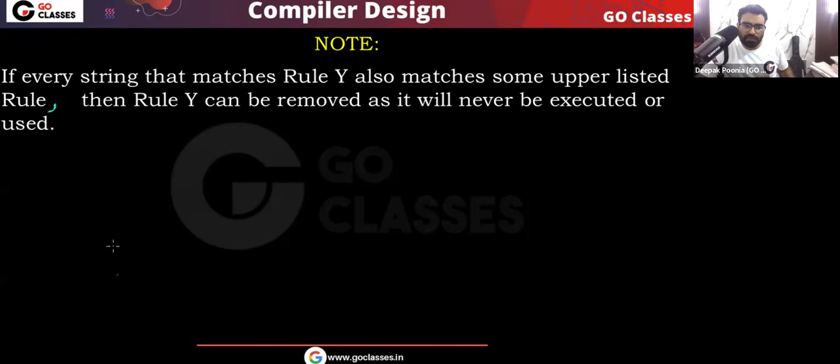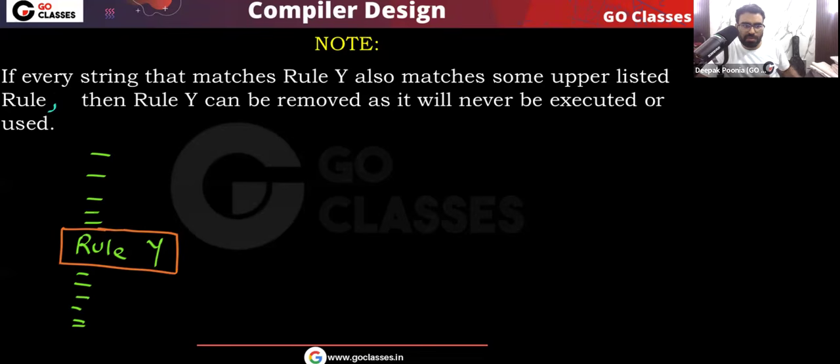Remember, if you have a rule y, and these are the rules above it, then every string that you can generate here, if that can be generated by some rule above it, then in this situation this rule will never be executed.